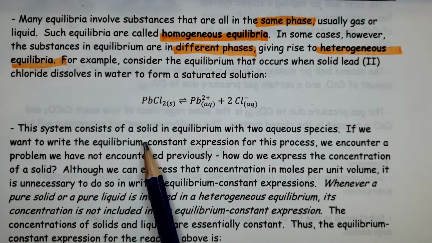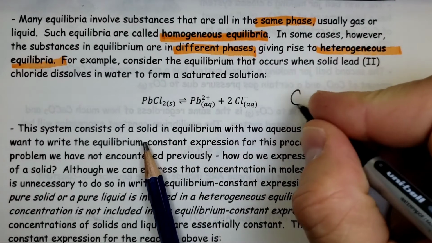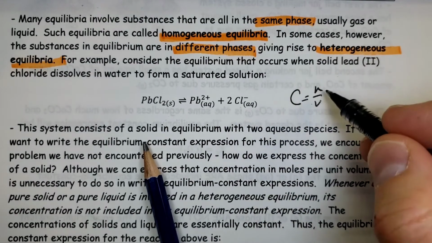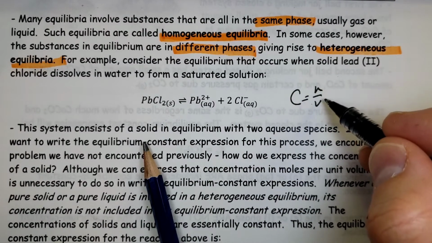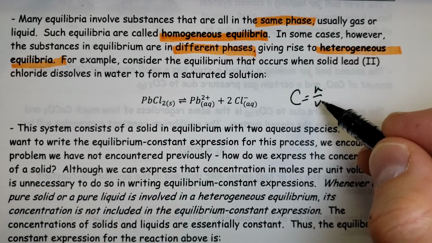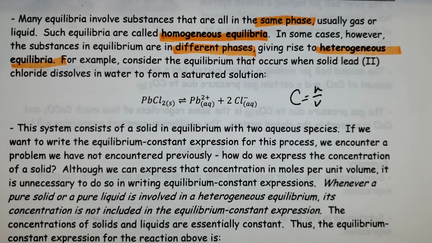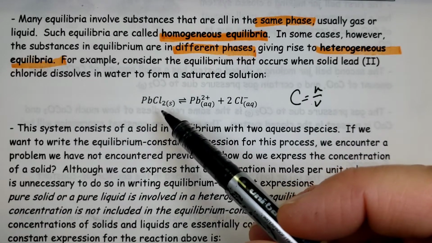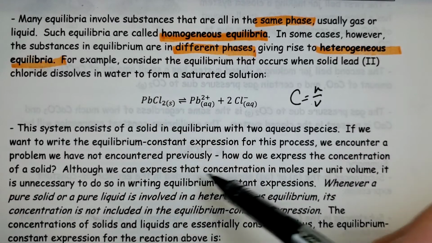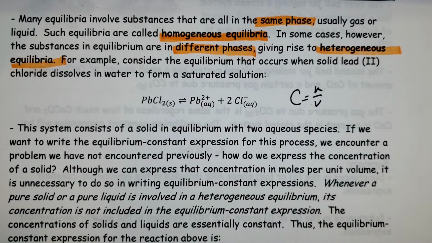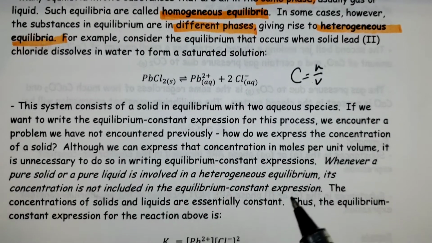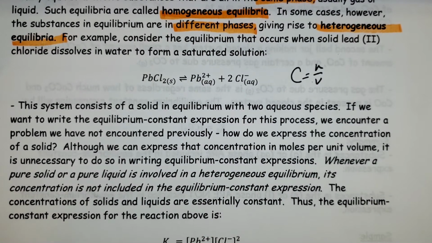Because remember, concentration, or molar concentration, C equals n over V, it's the number of moles of solute dissolved in so many liters of liquid. Well, how do you represent a solid in a solid? Although we can express the concentration in moles per unit volume, it's unnecessary to do so in writing the equilibrium constant expressions.